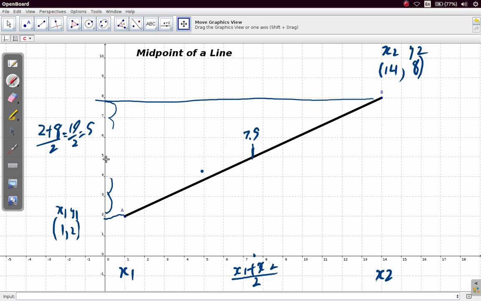So by just drawing it and by calculation as well, we see that halfway up between 2 and 8 is 5. So if we go across, we end up right here. And this point would be beside x equals 5. You see that?